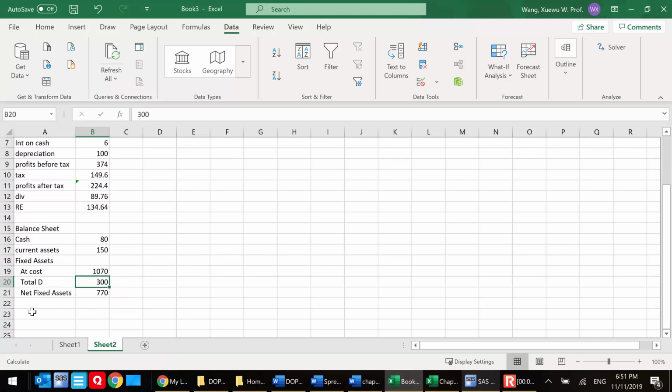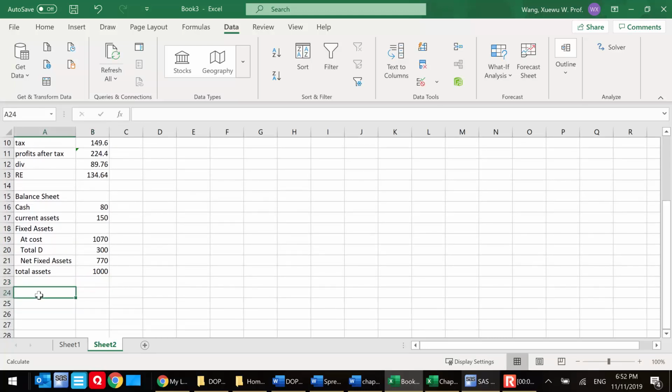$1,070. And so you can look at the total assets, which is the cash plus the current assets plus the net fixed assets. So this is 1,000. Now I'm going to look at the liability and the equity side. So current liabilities, this is observed at 80. And then you have the debt. So the company does have debt as well as cash.